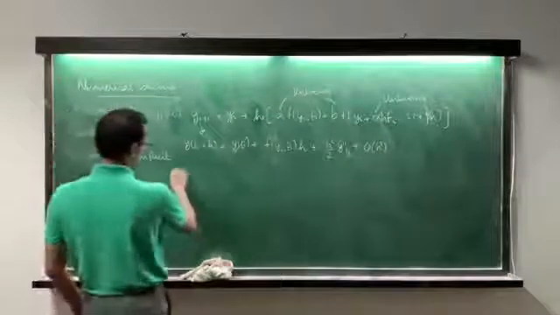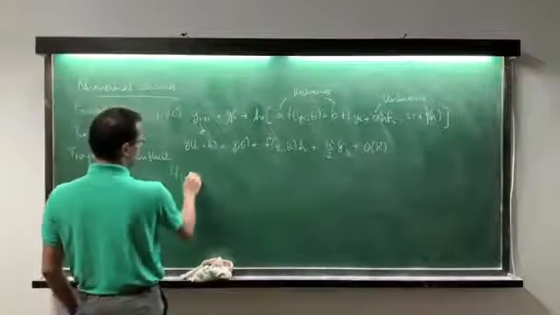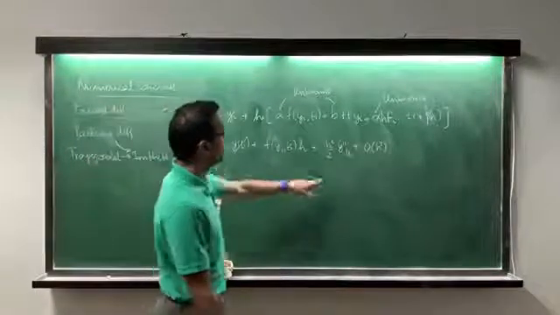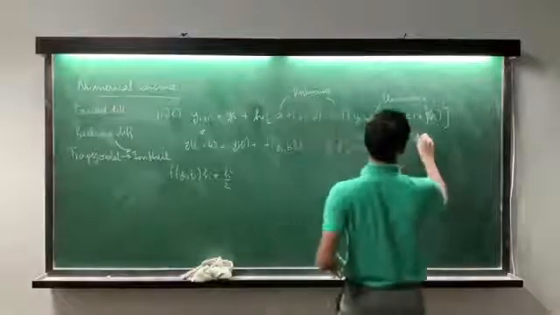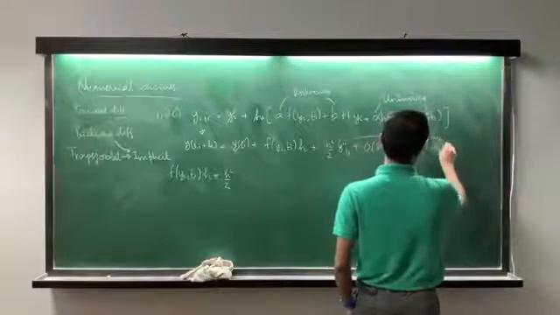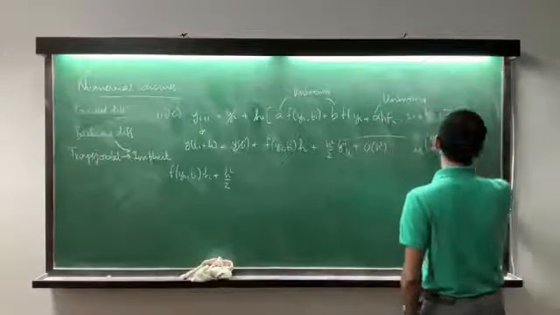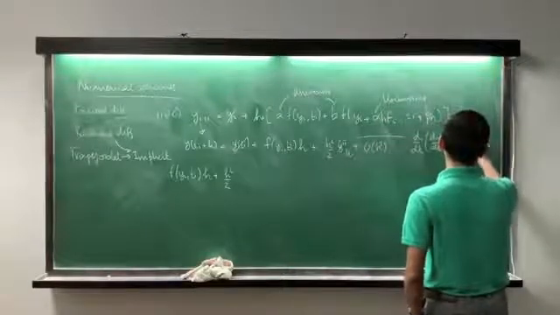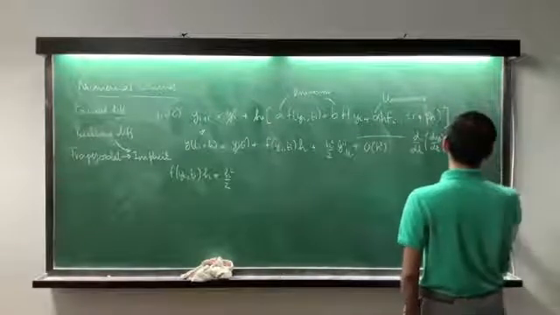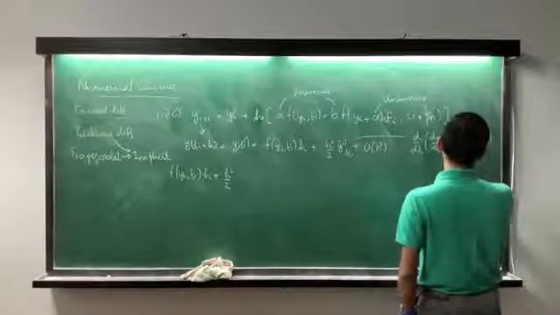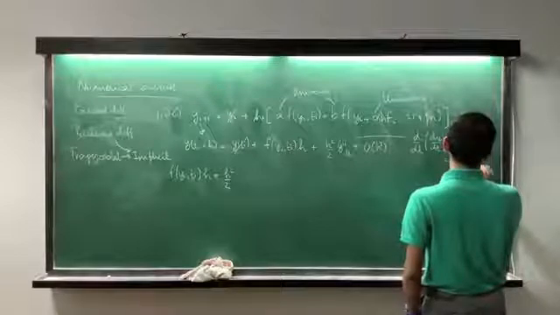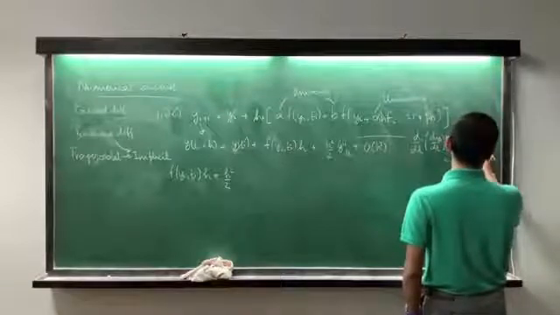So then if I put this on the left hand side, I'll have f of yi, Ti times h plus h square by 2. Now y double prime of Ti is d by dt of dy by dt, and dy by dt is f, so this is d by dt of f. And remember, this is the total derivative of f. F depends on t directly by itself, and it depends on t through y. So I'll use the chain rule. So this will be dou f by dou t plus dou f by dou y times dy by dt, that is again f.